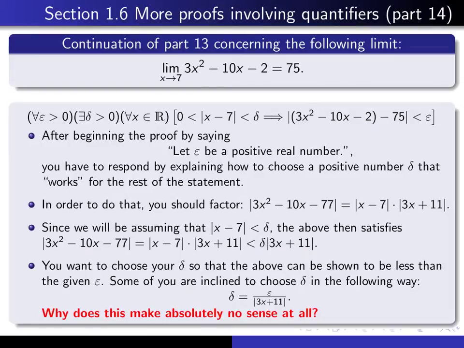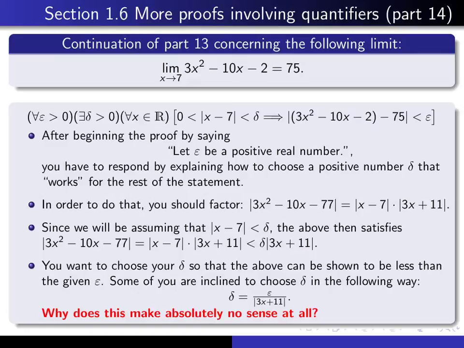Now we know that ultimately we want to be able to make this thing smaller than epsilon, and so a number of you in the class would have done something like the following. You would have said choose your delta so that delta is equal to epsilon over 3x plus 11, and if that were the case, then this would automatically be smaller than epsilon and you would be finished.